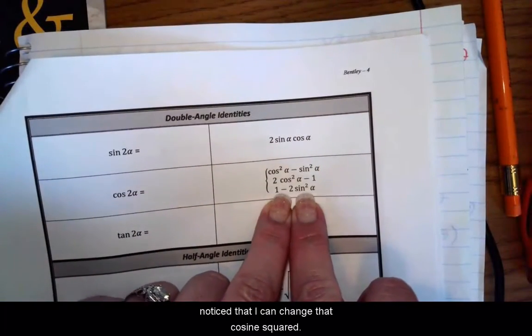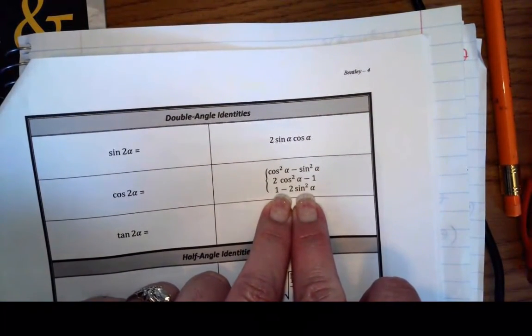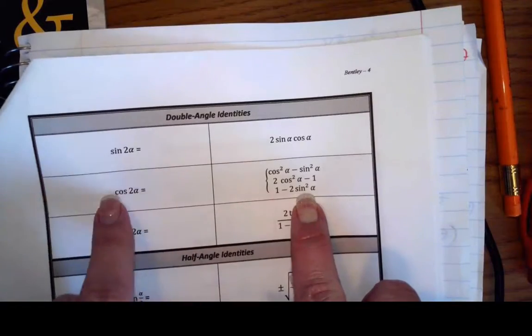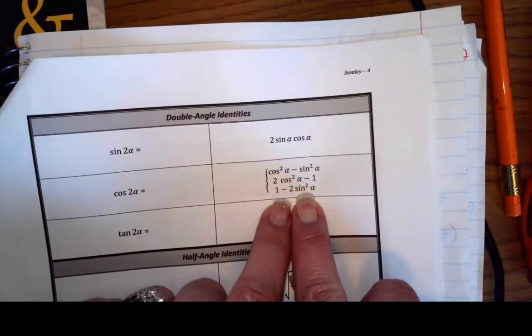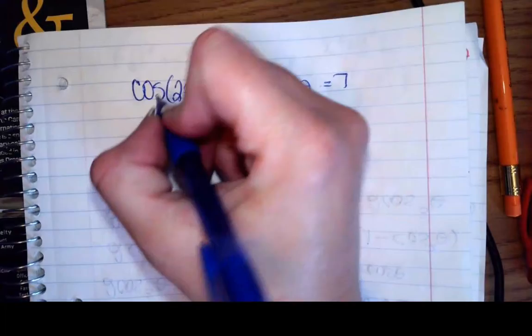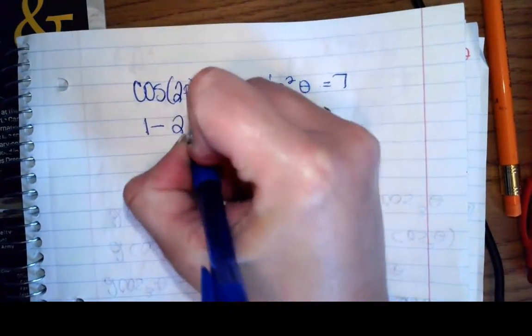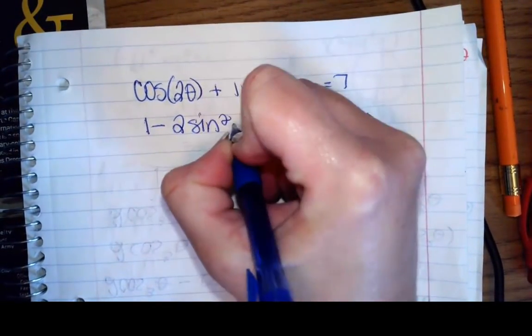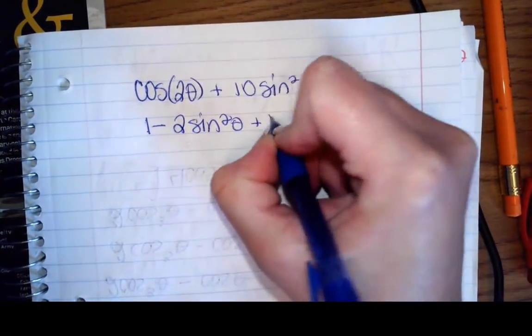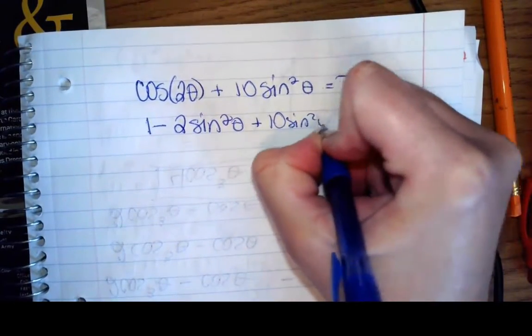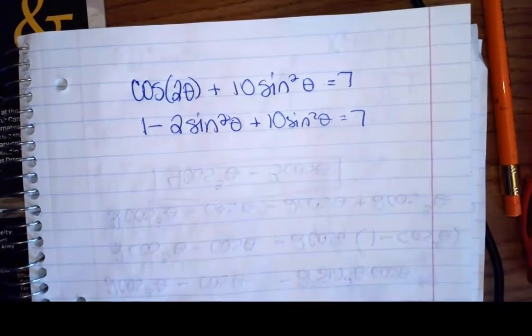So I'm going to look at a double angle identity and notice that I can change the cosine 2 alpha into 1 minus 2 sine squared alpha. So this turns into 1 minus 2 sine squared theta plus 10 sine squared theta is 7.